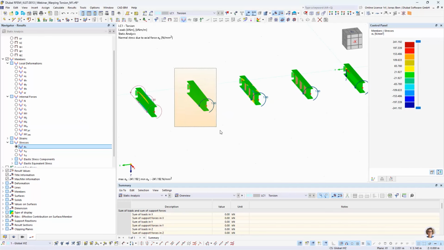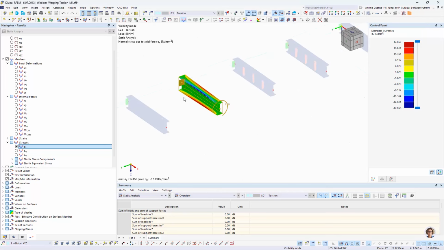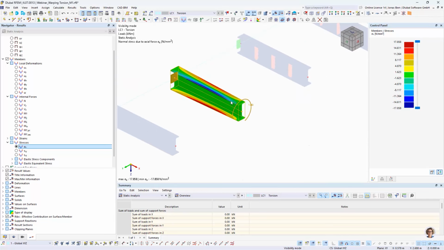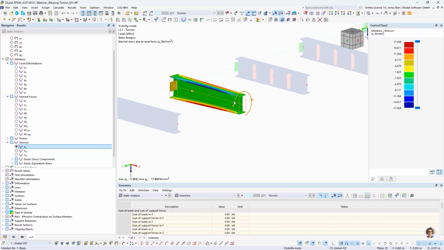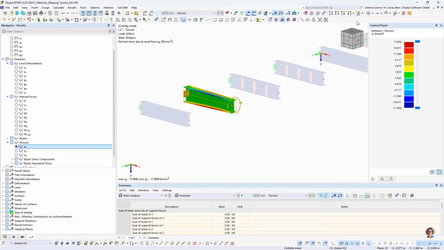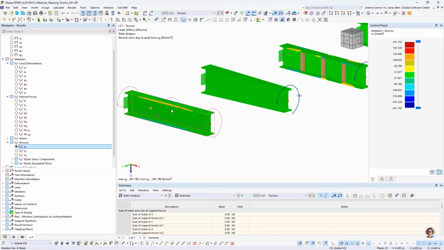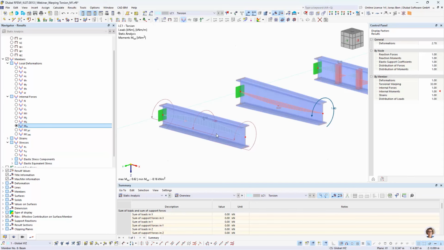But also for the beam with a linear section distribution, we can see that we have now some actual warping stresses here in the member, just because the section distribution is not constant over the member length. And also in the last case where we applied a varying torsional moment over the length, we can see that we have now warping torsion in the beam.